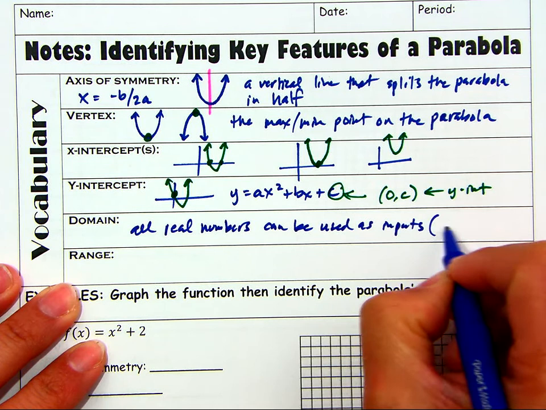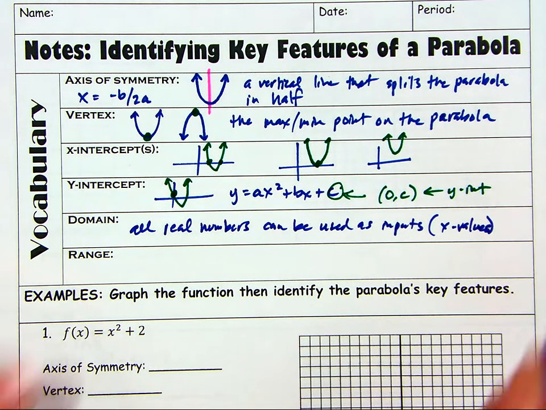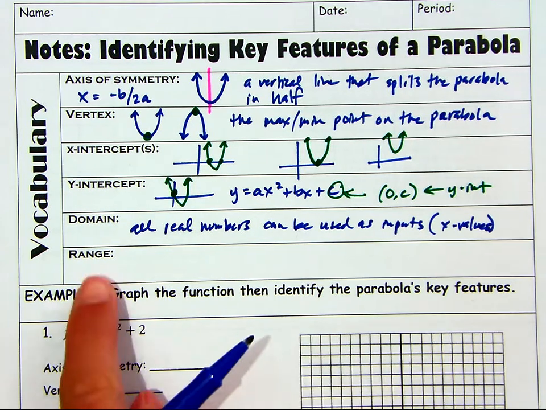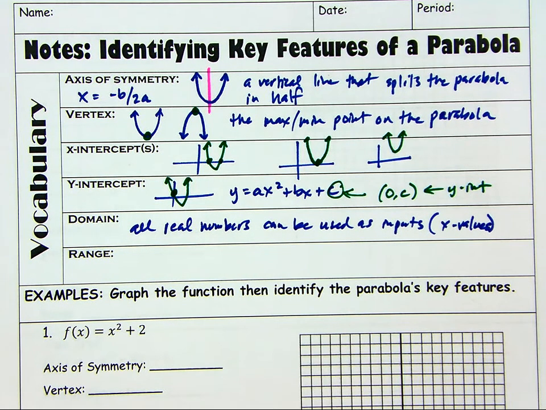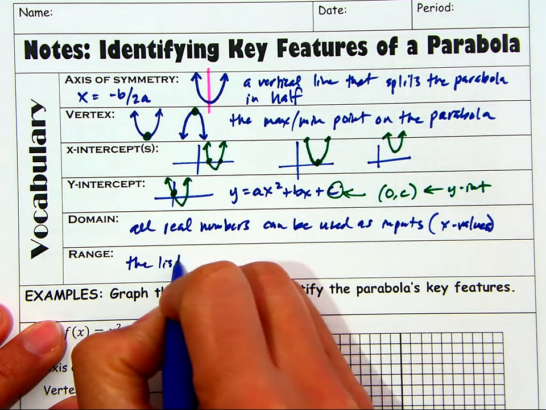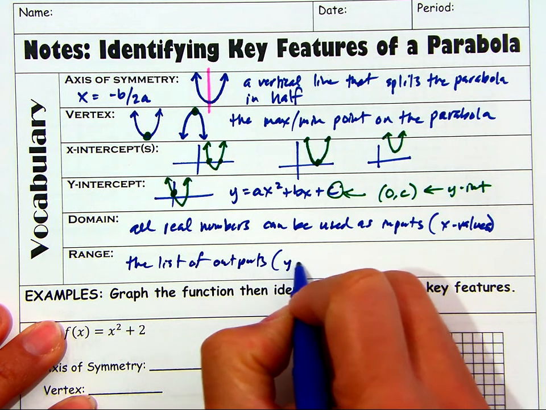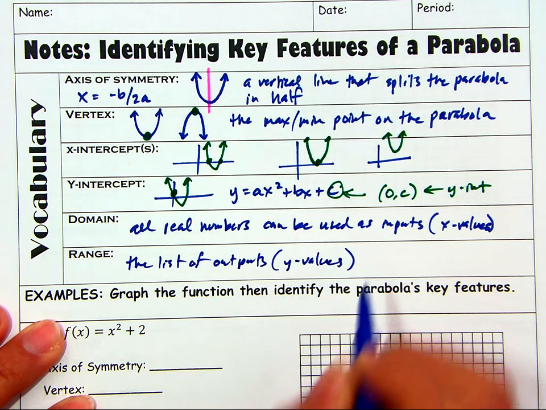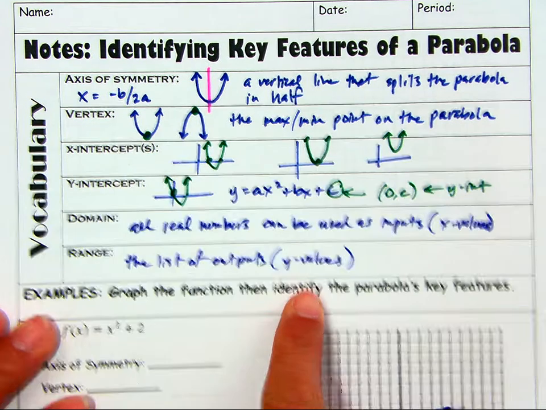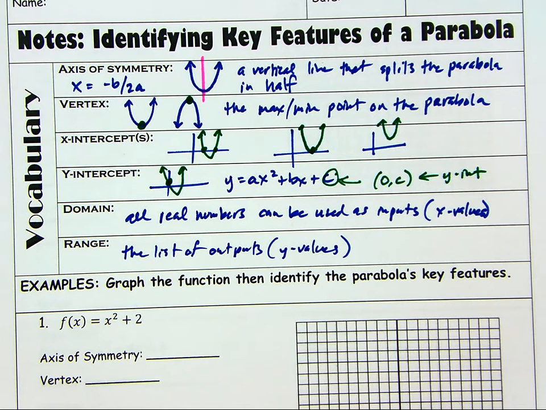Okay, inputs are the x values. The range is going to be the list of outputs or y values that we get from the function. Okay, and this is going to depend on the specific function, right? Each quadratic function has a different type of range.